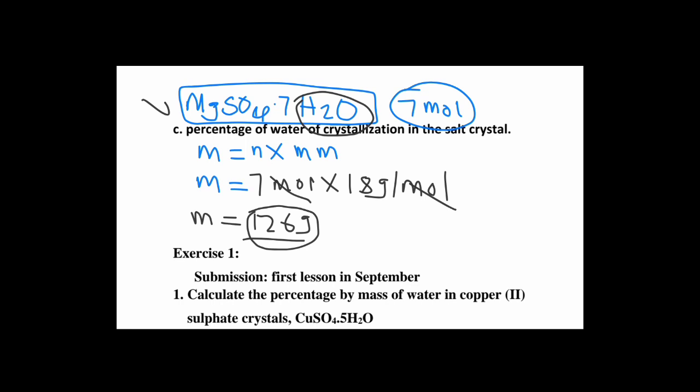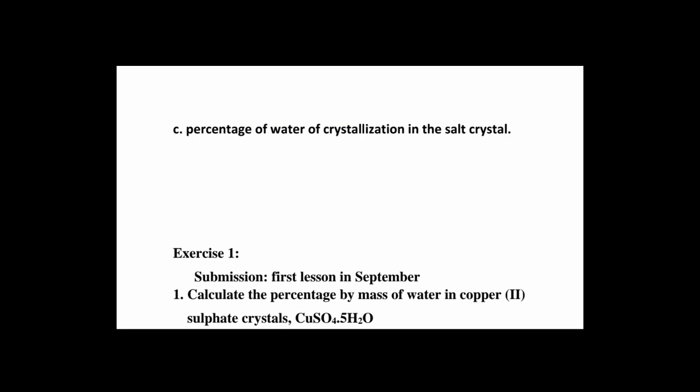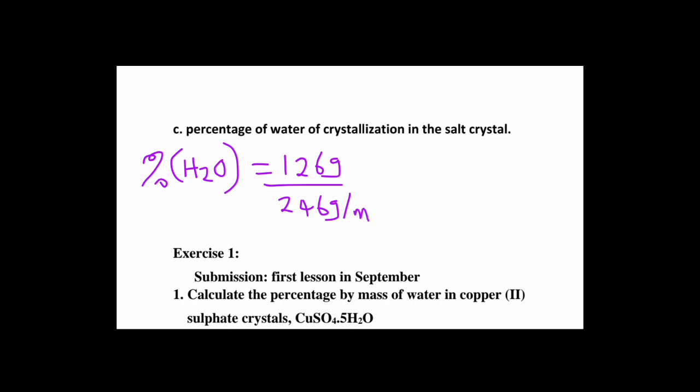So what are we going to do? We are going to say the percentage of water in this salt will be equal to the mass, which we have calculated to be 126 grams, over the total mass, which we calculated 246, because we said 246 grams per mole. So it means in 1 mole we have 246.